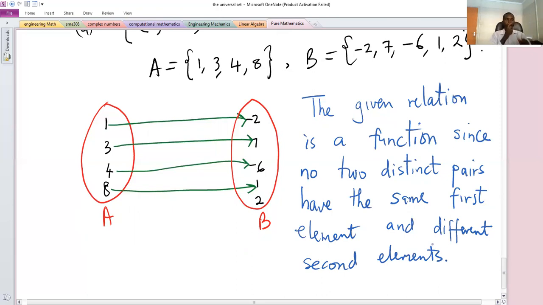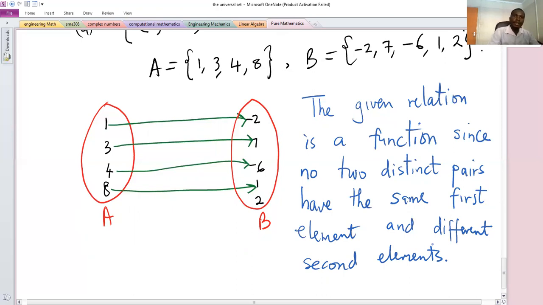So that is what we say, that the given relation is a function because there are no two distinct pairs such that the first element has different values of the second element.